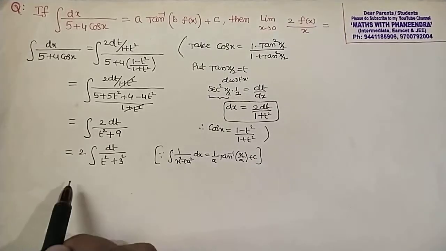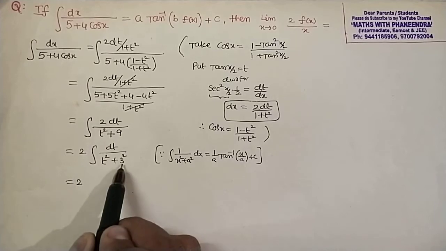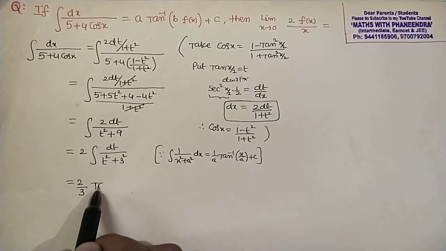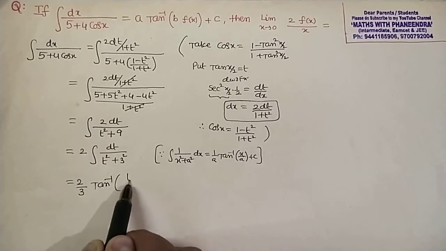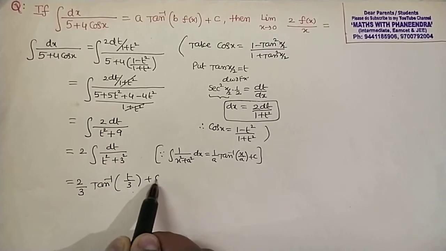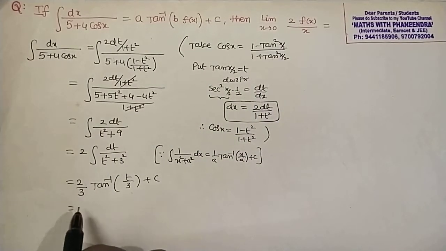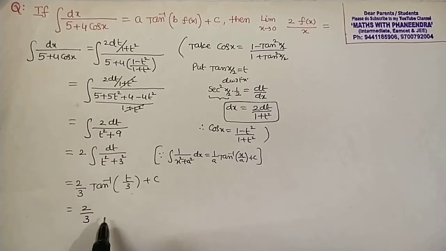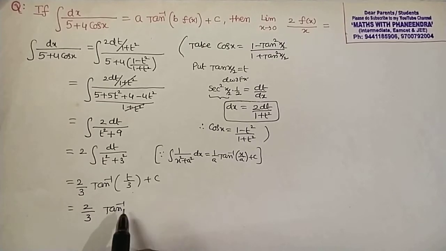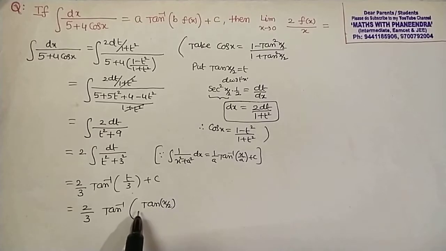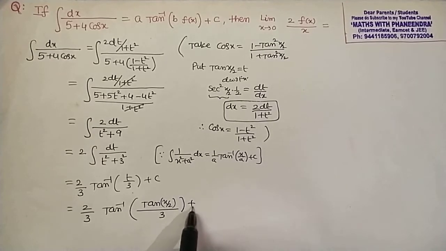So now 2 into 1 by a, where a is 3 according to the question, gives 2 by 3 tan inverse of t by 3 plus c. What is t here? We assumed tan x by 2. So this is equal to 2 by 3 tan inverse of tan x by 2 divided by 3 plus c.